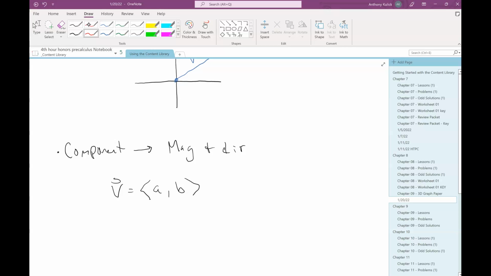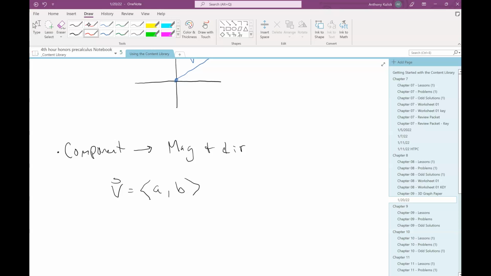So let's say that our component form vector is just ⟨a, b⟩. Remember when we drew our graphical representation of a vector, we said that the length was equivalent to the magnitude?